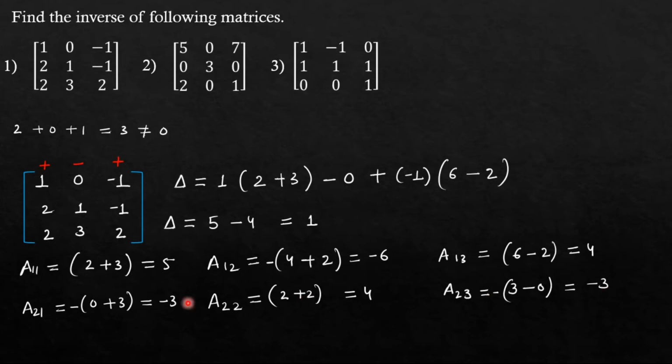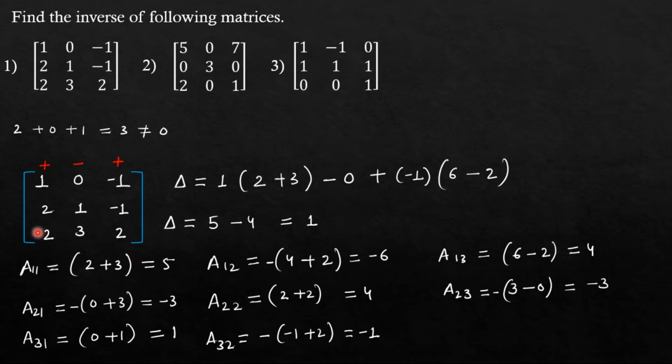We get minus 3. Now for this element A31, I will neglect this column and this row. 0 into minus 1, 0. 1 into minus 1, minus plus, which is equal to 1. Now A32, minus plus minus, minus sign. I will neglect this row and this column.